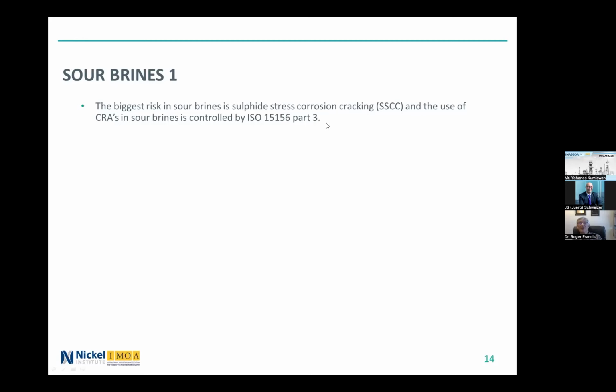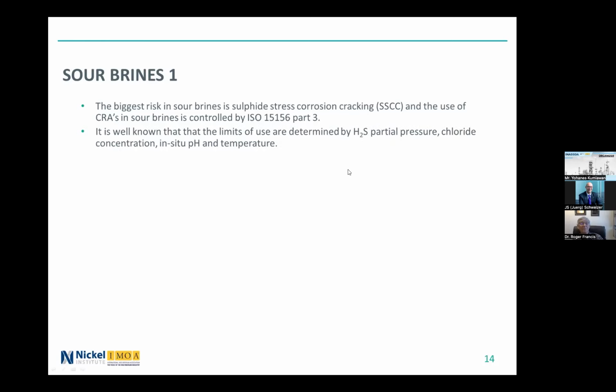So the standard ISO 15156 Part 3 lists the CRAs and their limits of use for particular applications and also for general applications. Now, it's well known that the limits of use are determined by the H2S partial pressure, the chloride concentration, the in situ pH, and the temperature.